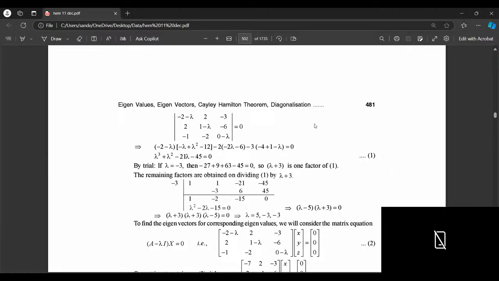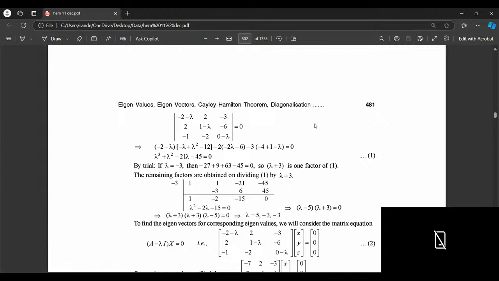You take 1 as it is below. 1 into minus 3, you write below the lambda square coefficient, which gives minus 2. Minus 2 into minus 3, you write below minus 21, that is plus 6. Minus 21 plus 6 is minus 15. Minus 15 into minus 3, you will get plus 45. Minus 45 plus 45, you will get 0.